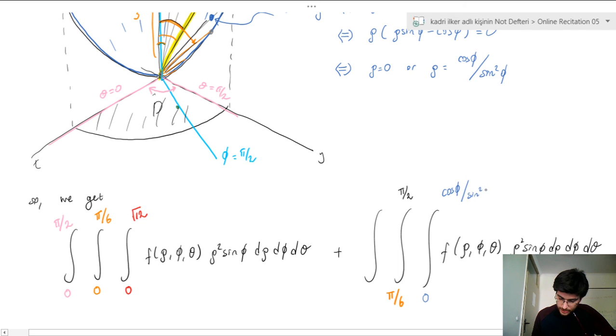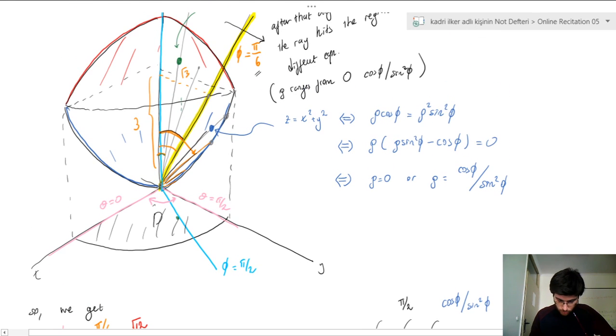Therefore, as phi gets larger and larger, the length of your rays gets smaller and smaller, as we see in the picture. You see these orange ones, depending on phi, getting smaller and smaller.